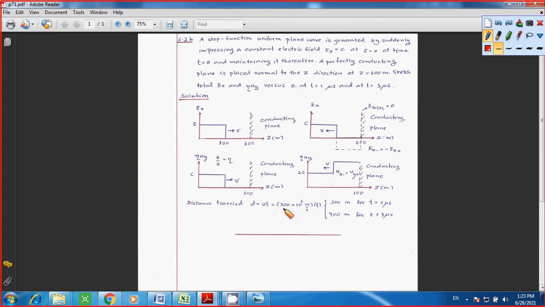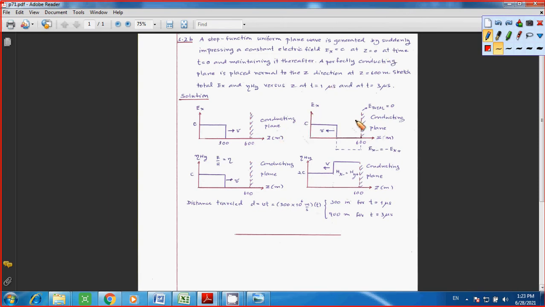That's in the air, 3 times 10 to the 8 meters per second. At t equal to 1 microsecond, the wave travels 300 meters, and for t equal to 3 microseconds, the wave travels 900 meters.